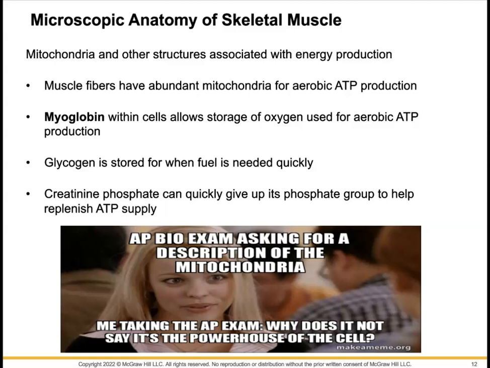Therefore, we must restore those ATPs by creating more. Myoglobin is found within a cell that is a molecule that actually stores oxygen. So there is a ready supply of oxygen to use to produce that ATP.